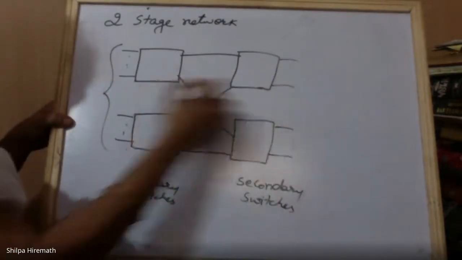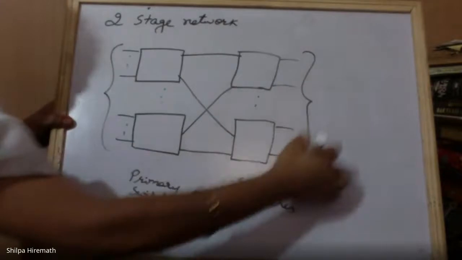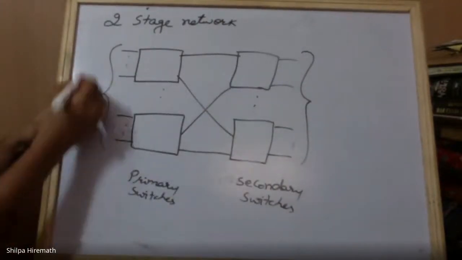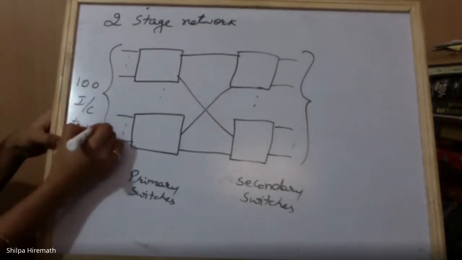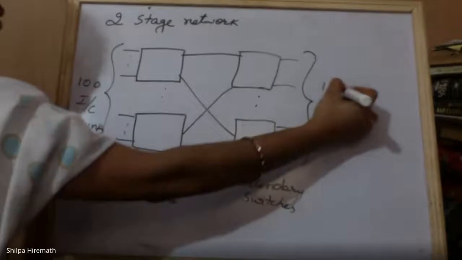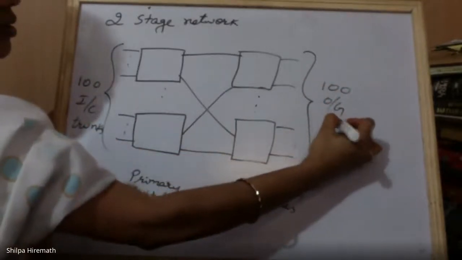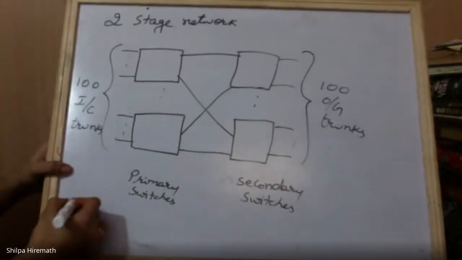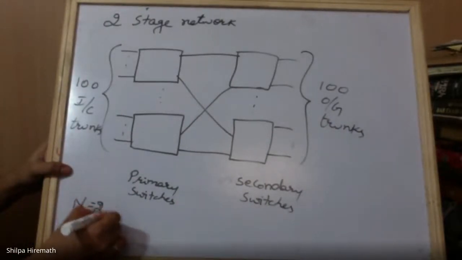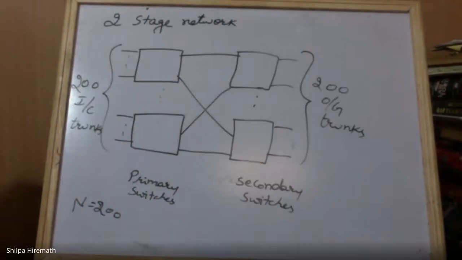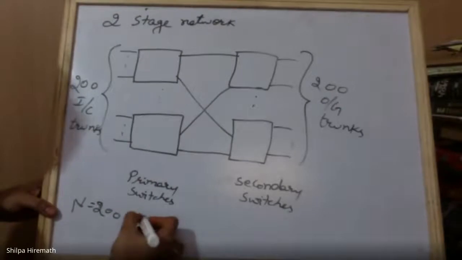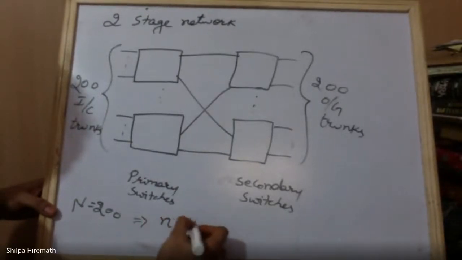Here in between you have many primary and secondary switches. So they said 200 incoming trunks, this was given in the problem, and 200 outgoing trunks. Yes, that was nothing but capital N. Sorry, it is 200 incoming and 200 outgoing trunks. This was mentioned in the problem. Based on this, we have assumed the small n value, which is equal to 14.14.